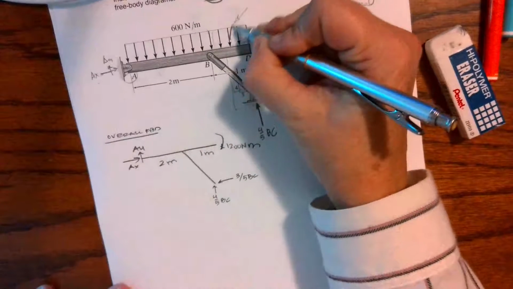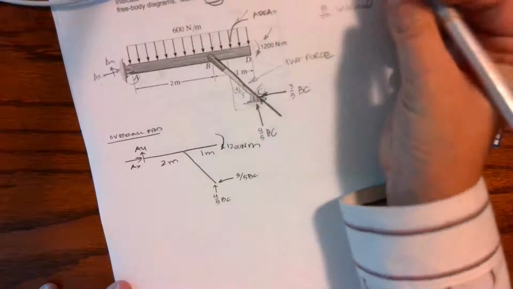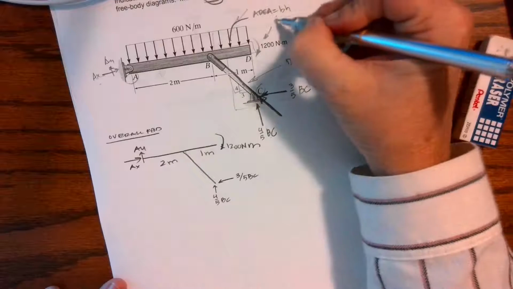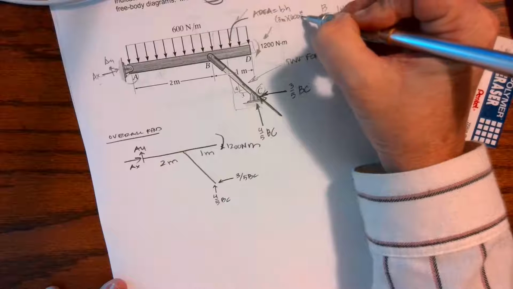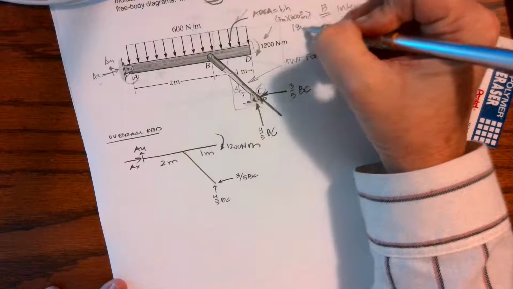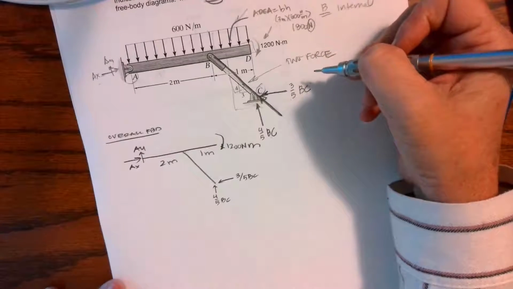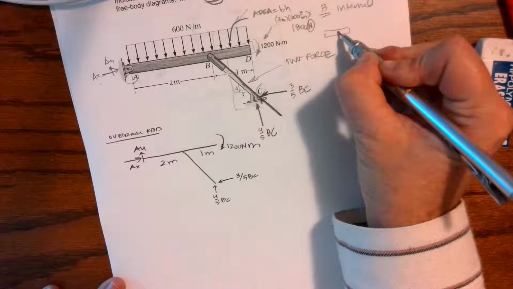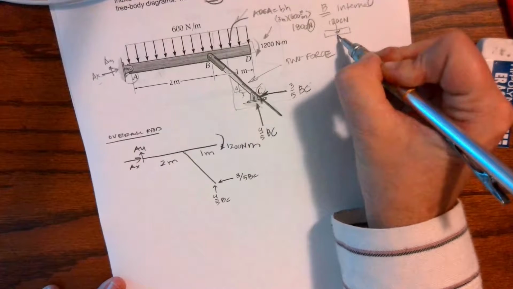This, we're going to find out next week. The area under that curve, remember, we're moving into integration. Well, if it's a rectangle, I know that the area is base times height. So I have 3 meters times 600 newtons per meter, and I get 1800 newtons. So now we're a point load. And I know for a rectangle that the centroid is right in the middle. So 1800 newtons right through the center.